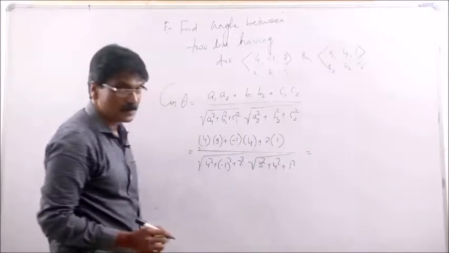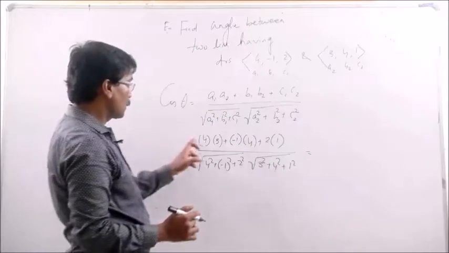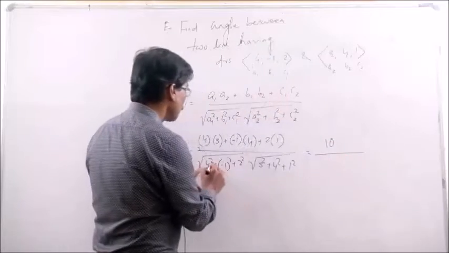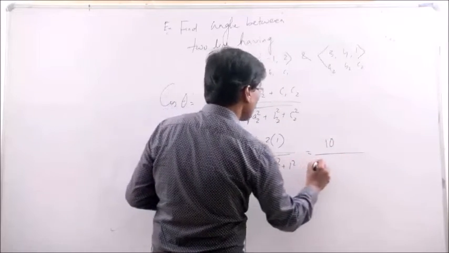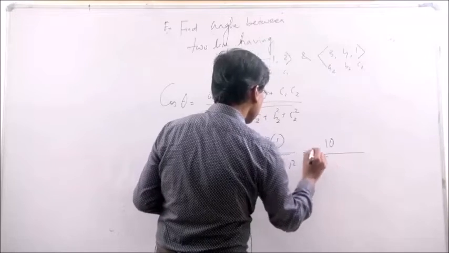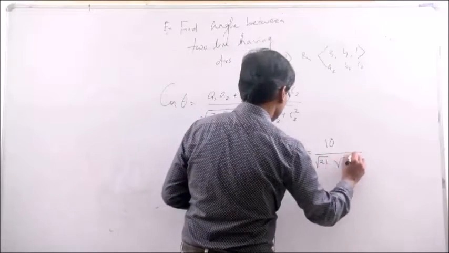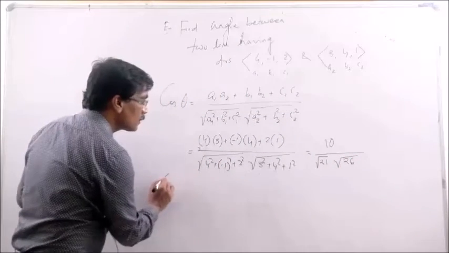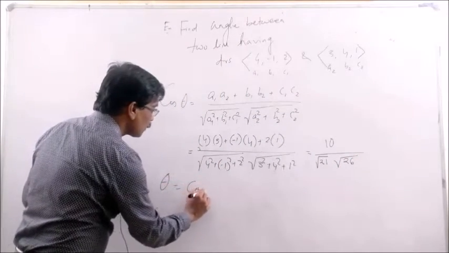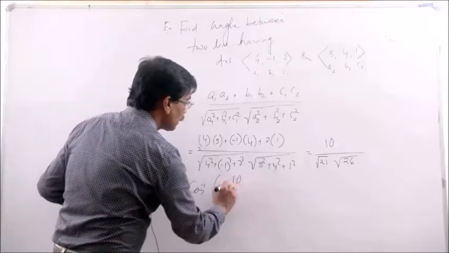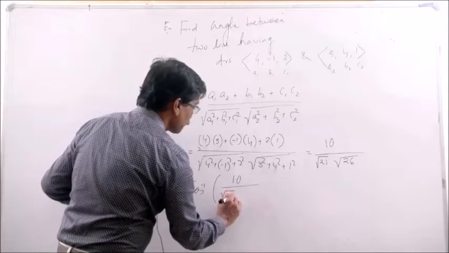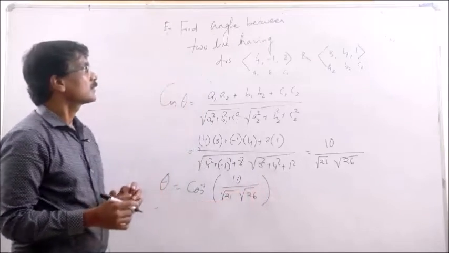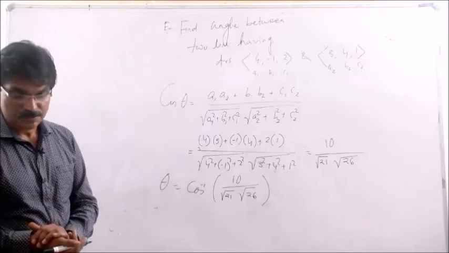So, on simplification this gives 10 by root 21 into root 26. So, theta is equal to cos inverse of 10 by root 21 root 26. So, this is angle between two lines.